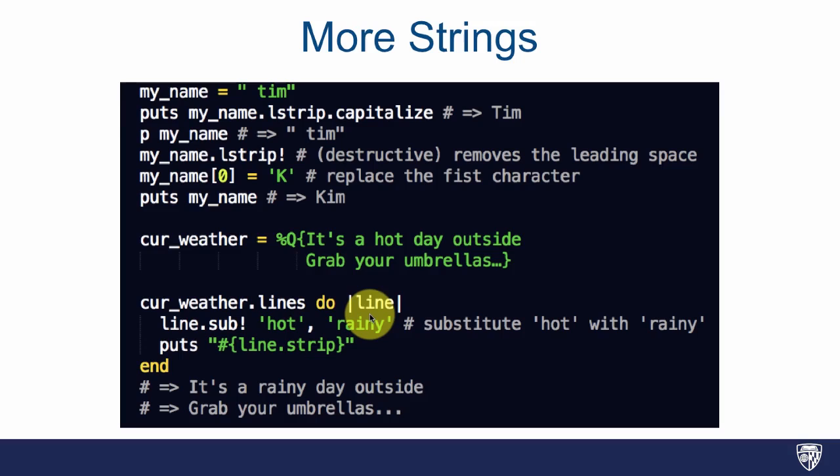And the block takes line as a parameter, and then you could substitute the strings inside, and then at the end of the day you get it's a rainy day outside, grab your umbrellas, instead of it's a hot day outside, grab your umbrellas. So a lot of really useful methods, and you can really process information that you have in very interesting ways.